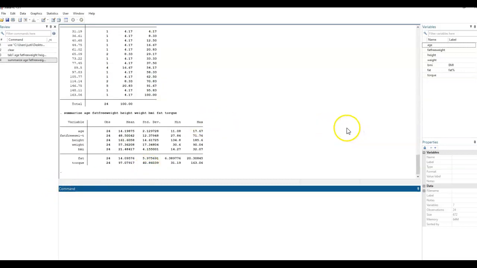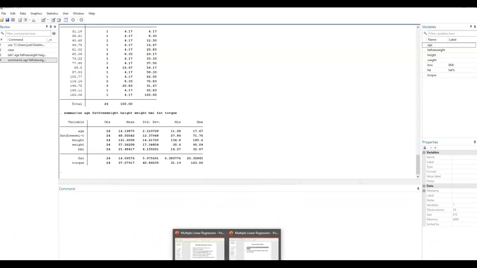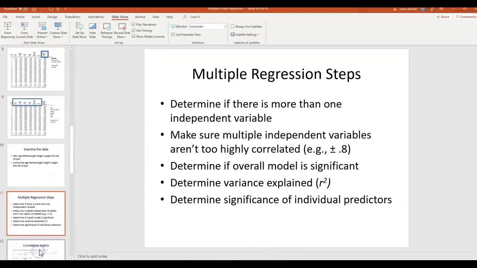Now we can look at things like ranges, mean, median, and standard deviation. We're just getting an idea of our data. Now we want to make sure there is more than one independent variable, which in our case there is. And we want to make sure our multiple independent variables aren't too highly correlated, for example over 0.8.